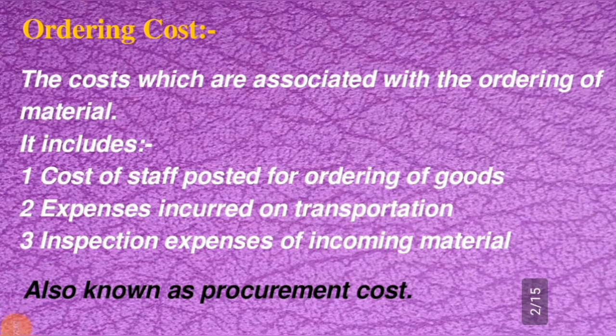So the first one is ordering cost. So from the name we can understand the cost which is incurred at the time of ordering the product, right? The costs which are associated with the ordering of material is known as ordering cost. It includes cost of staff posted for ordering of goods.